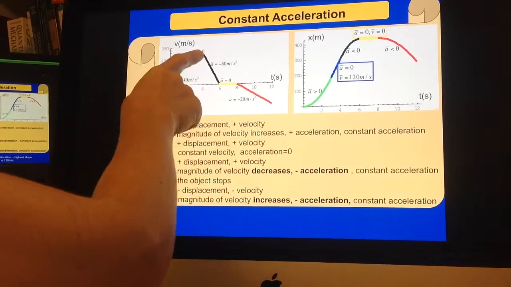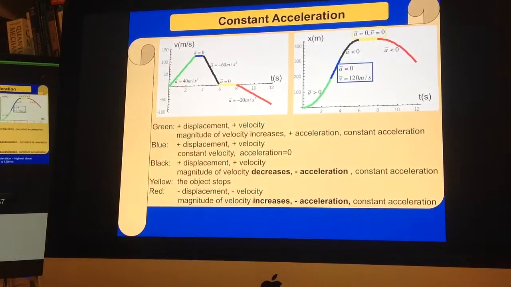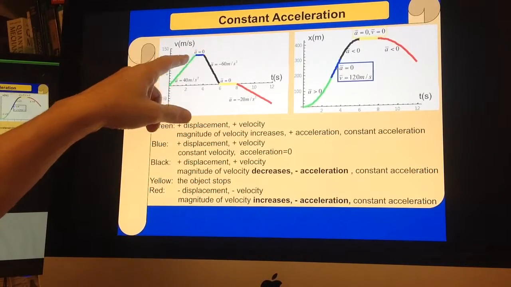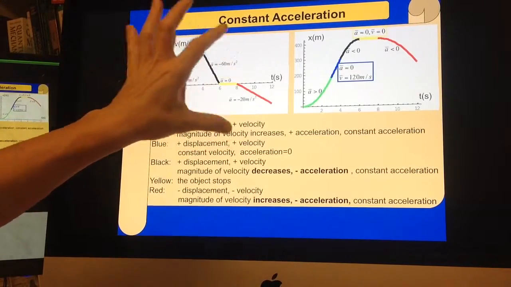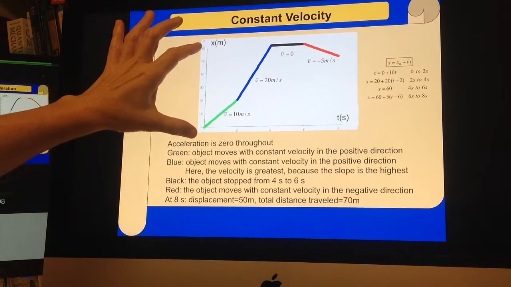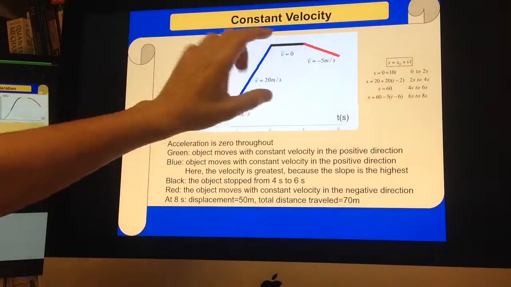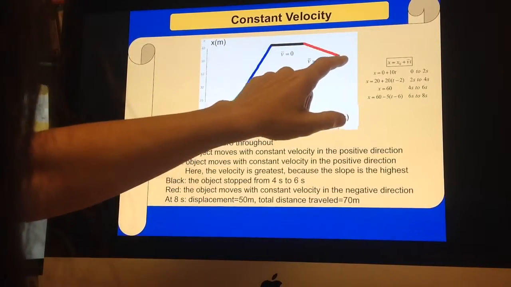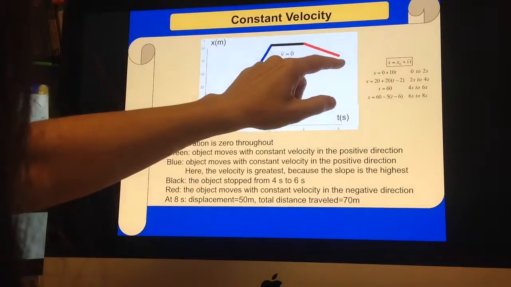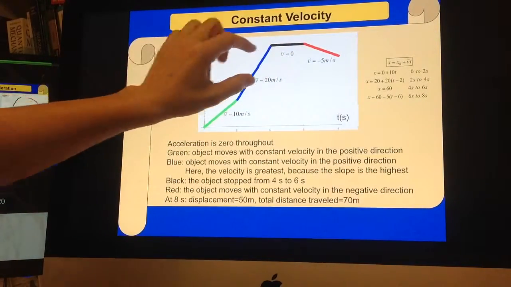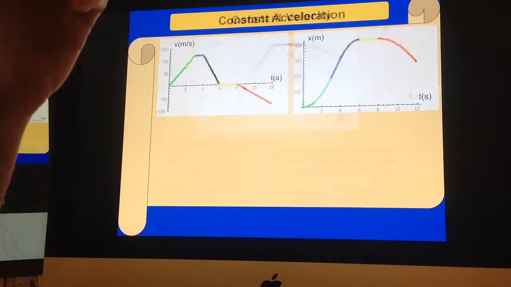Alright, what happens in the black? Careful here. The black is telling us that the velocity is still positive. Okay, so it's very different from the previous plot that we saw for position. When in a plot for position I have a line going down like this, I know that the displacement is negative because it's final position minus initial position.